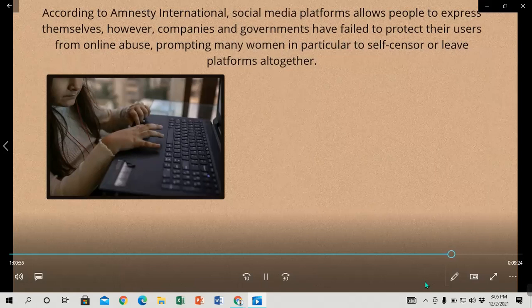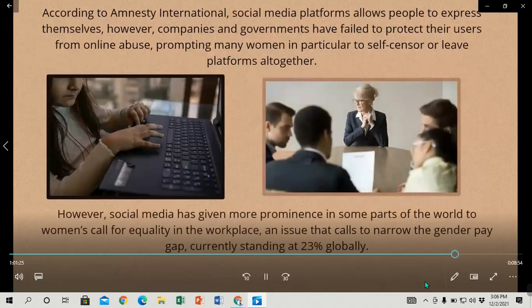Online abuse will affect women especially, or they will go to illegal sites that go against their rights, their feelings or emotions, or what they believe in. With the vastness of social media, many women will be led into discrimination or other forms of abuse.